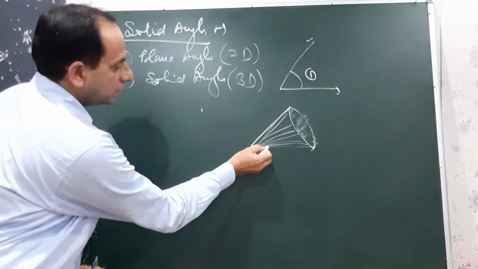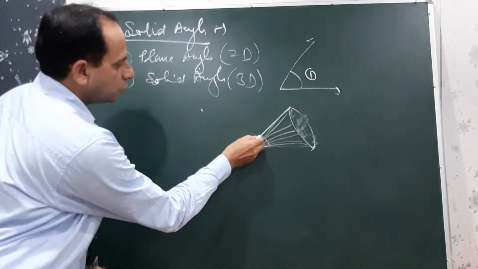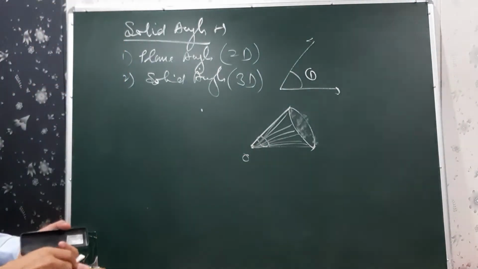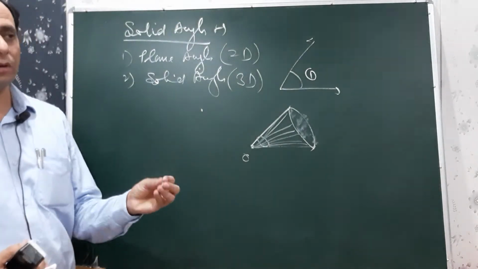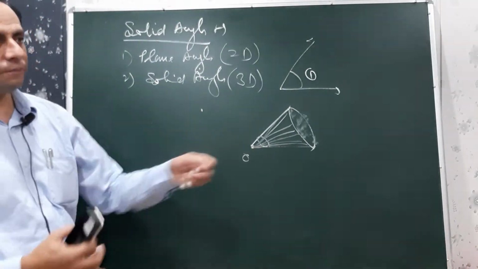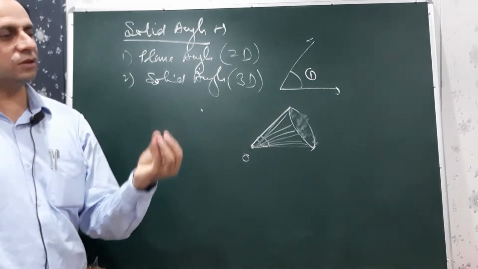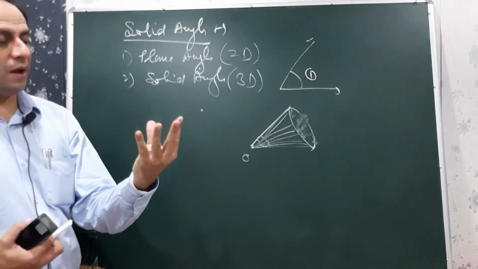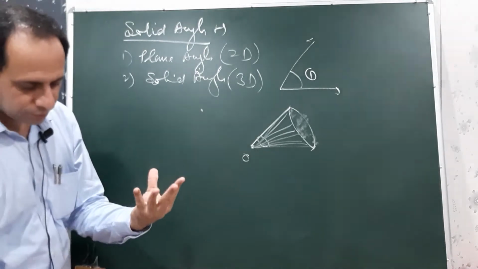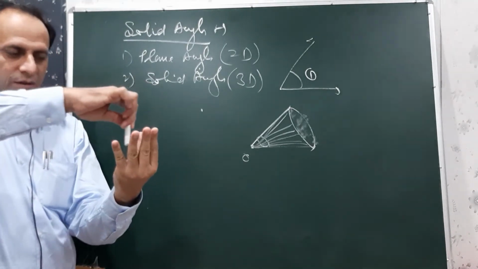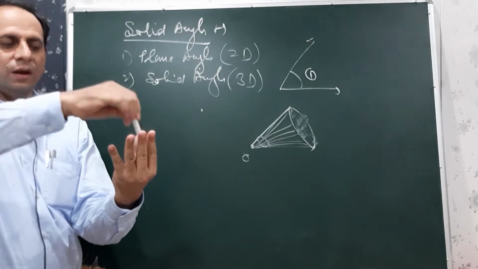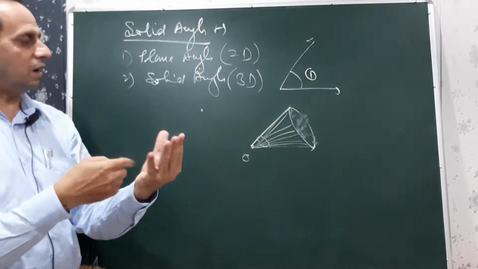So, the angle formed at this point in three dimensions is just like a cone. So, what is a cone? A cone is a three dimensional figure which is diverging from a point O into space, just like this, and the angle formed at the circle in the shape of a circle at a point O is called solid angle.